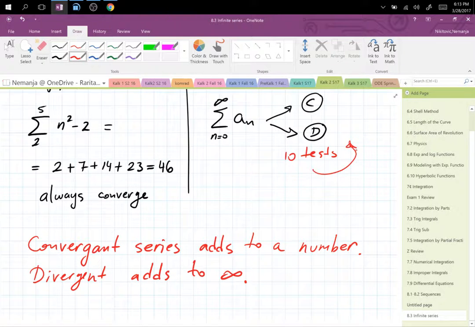If I have 1 over n squared, if you add that from 1 to infinity, it will not add to infinity. It will add to a certain value, which you can actually compute. Well, not in this class.